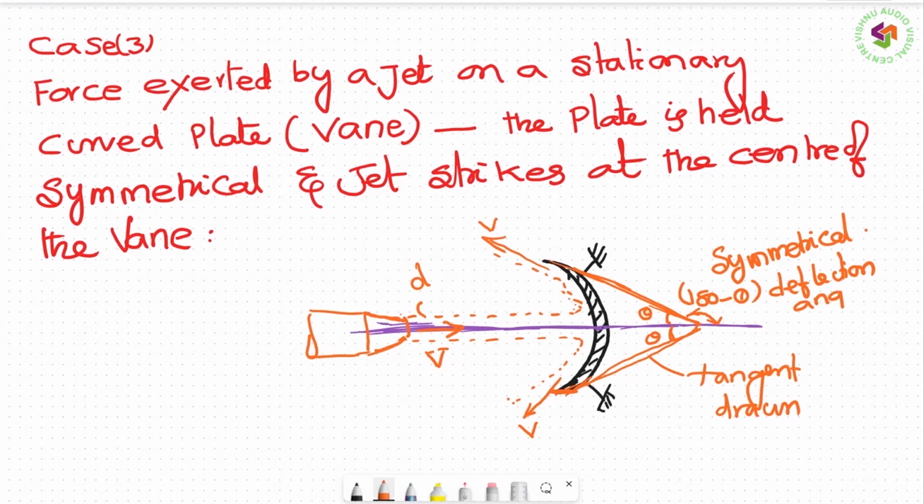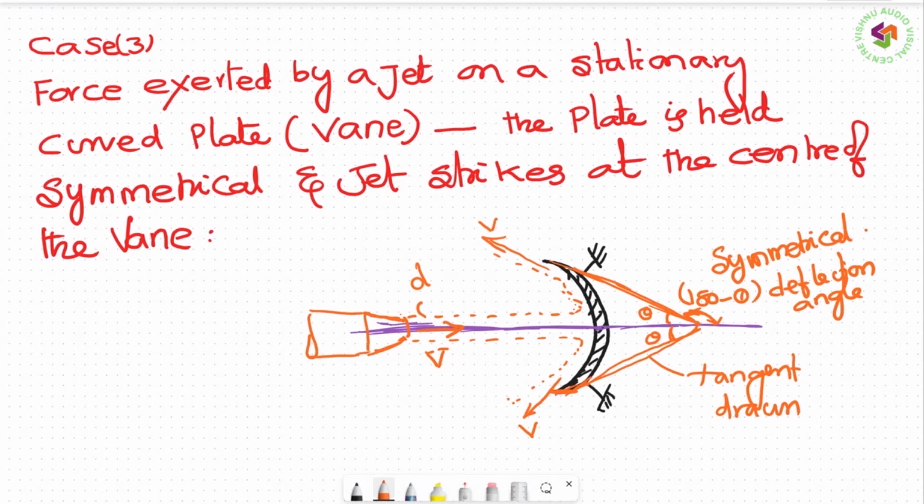Deflection angle means the jet is deflected through an angle of 180 minus theta, because if it went straight, it would be 180. The initial velocity is V, but the final velocity is not actually in the x direction, since the jet is deflected through 180 minus theta.